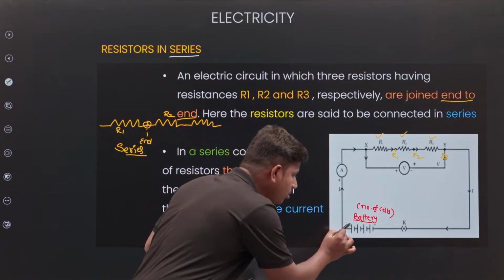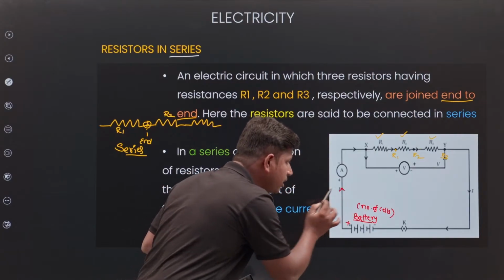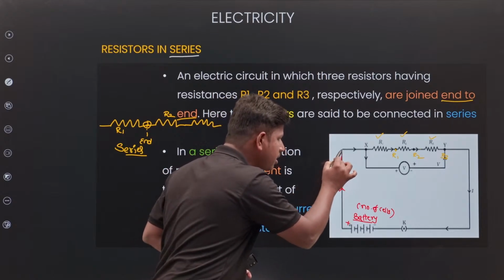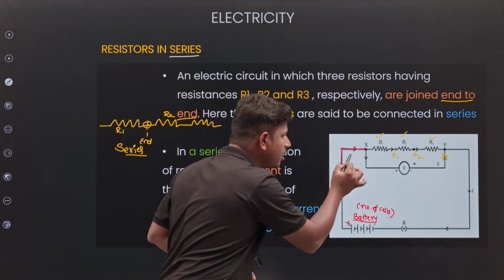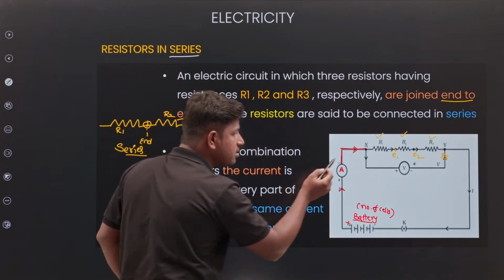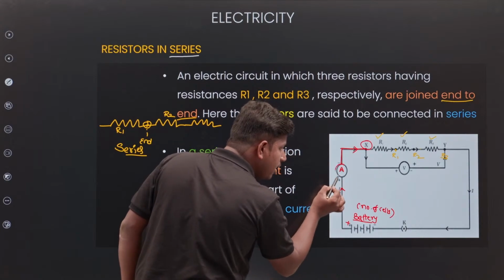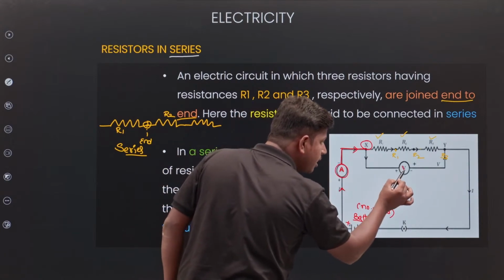From the positive terminal, the current flows, reaches the ammeter, passes through the ammeter, and ends here at X. See how the ammeter and voltmeter are connected.